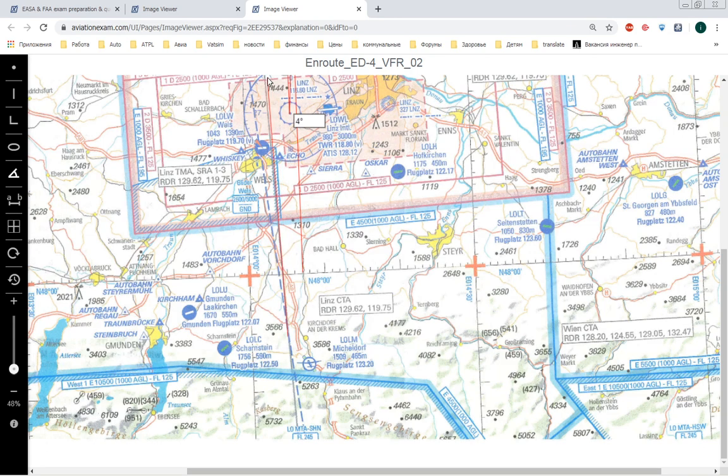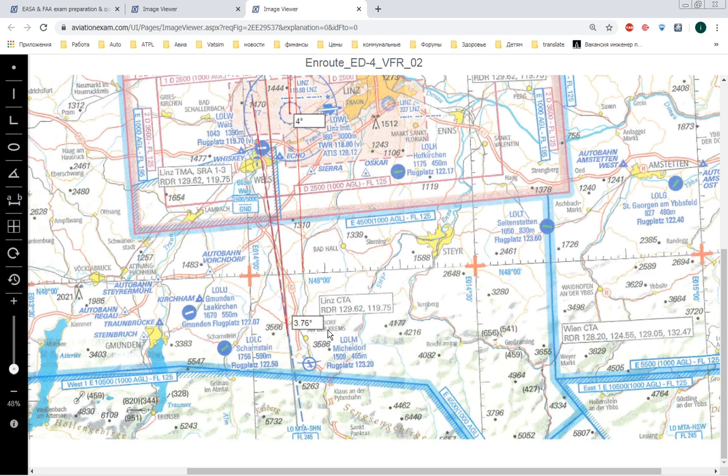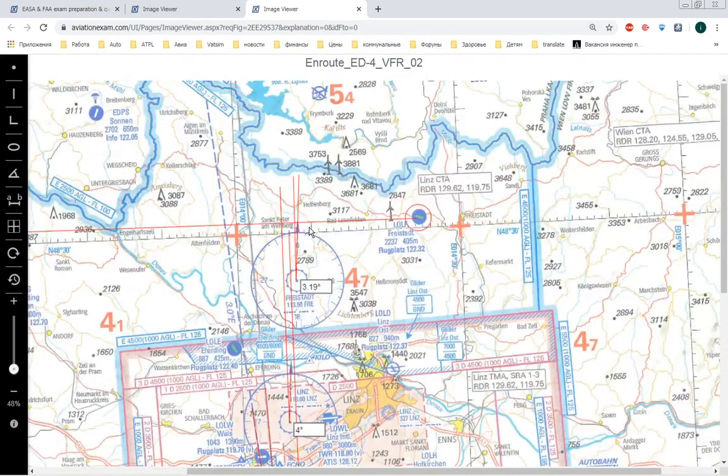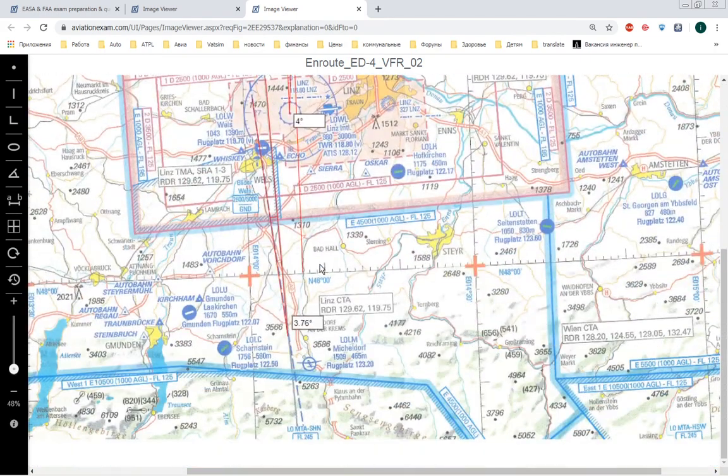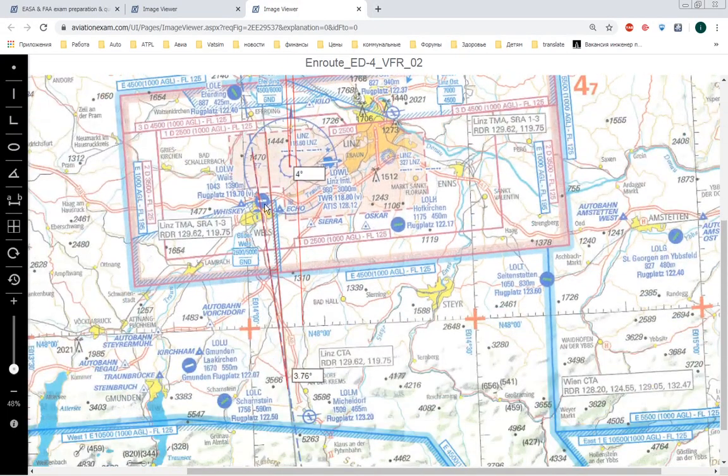If you put here and here, you see this is kind of true, but that is not true because it deviates to the west, not to the east.